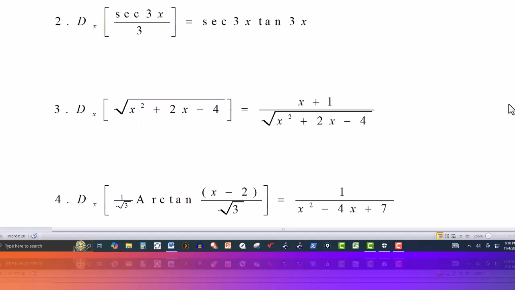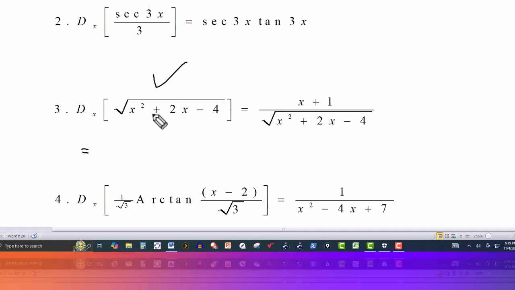And then for the next one, again, this was the integral. In the video that we did, this was the integral. And we got the value for this integral to be this right here, square root of x squared plus 2x minus 4. So if I take the derivative of that, I should get the original answer. Again, the constant of integration, I left it out because it's going to be 0 when you take the derivative. Let's start with this part right there.